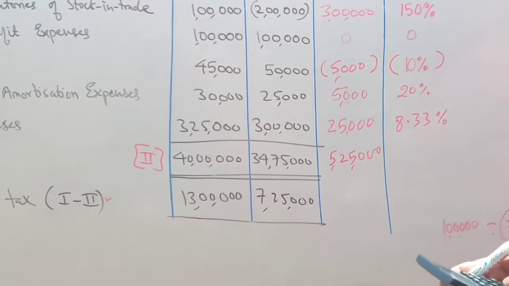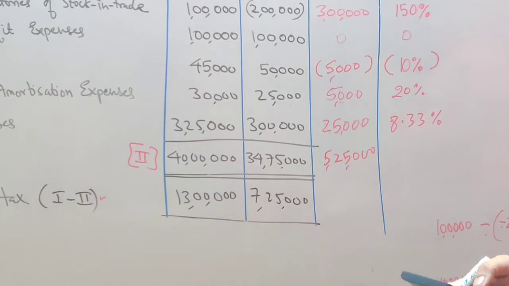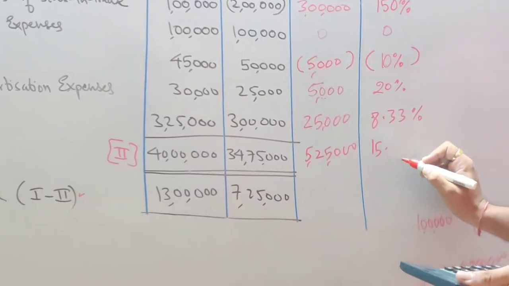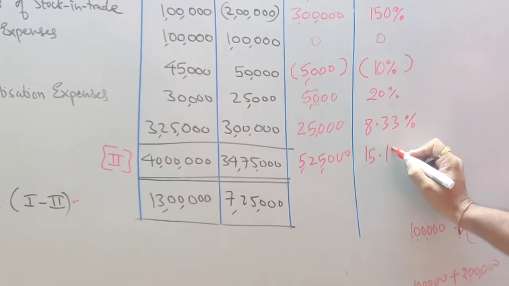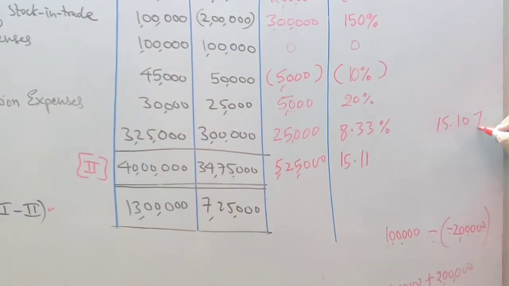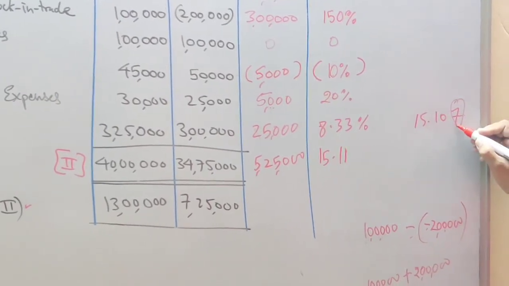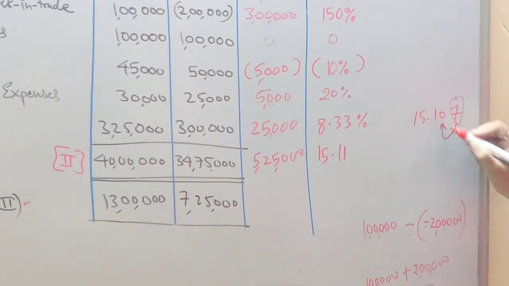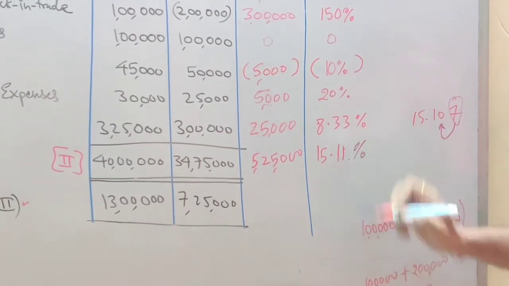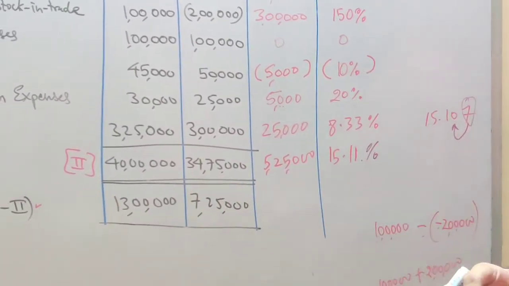Divide by 34 lakh 75,000. Percentage 15.107. Your third digit is more than 5, so you will add 1 to this. So it will become 15.11%.